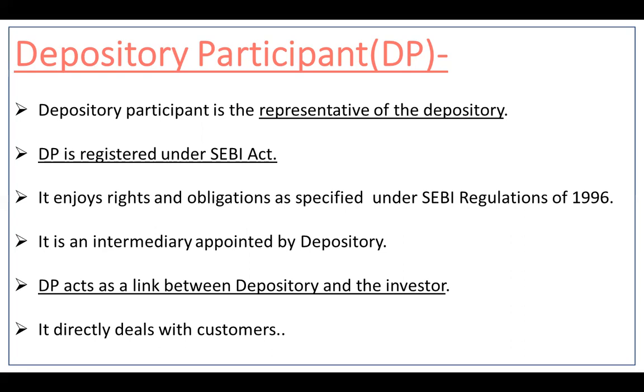It is called a depository participant. It deals directly with the customers, because he is the person or organization directly related with the customers. All the services required by the customer should be delivered by the depository participant.